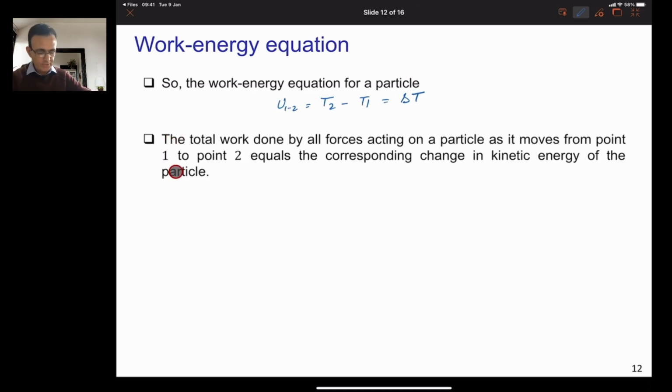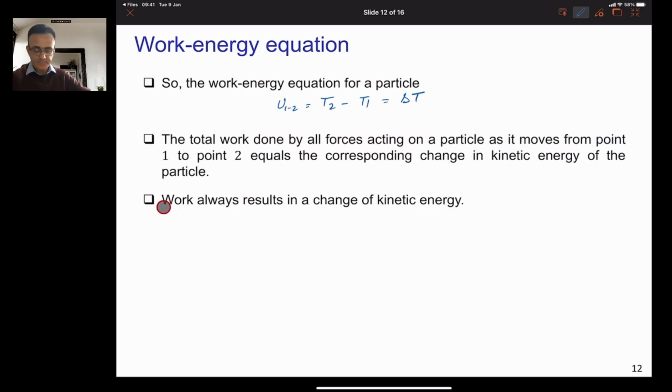So you can say in words that the total work done by all forces acting on the particle as it moves from point 1 to point 2 equals the corresponding change in kinetic energy of the particle, which is this equation here.